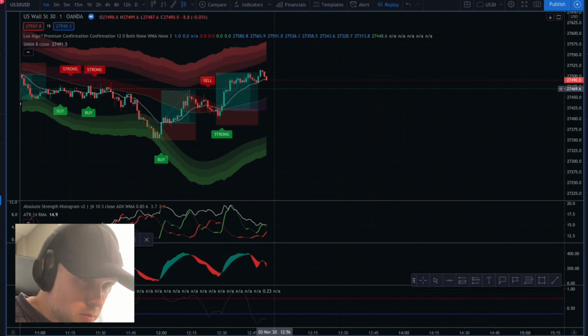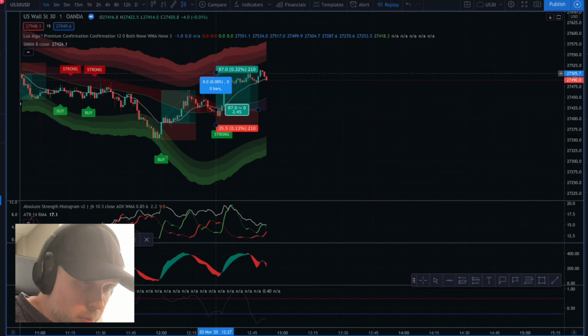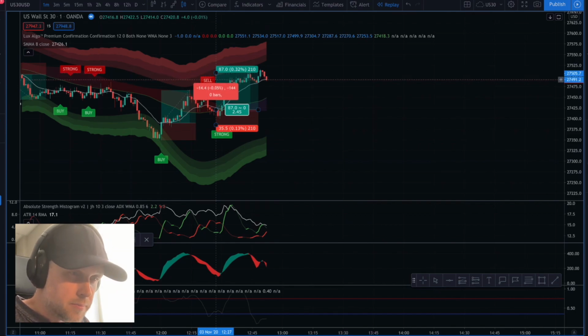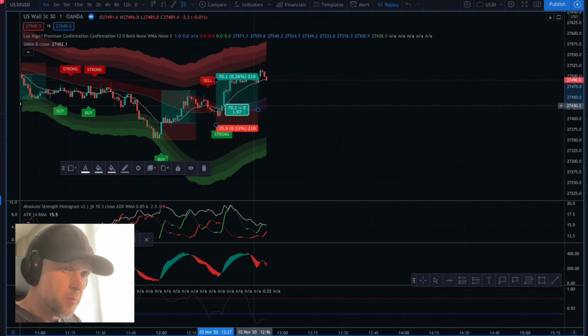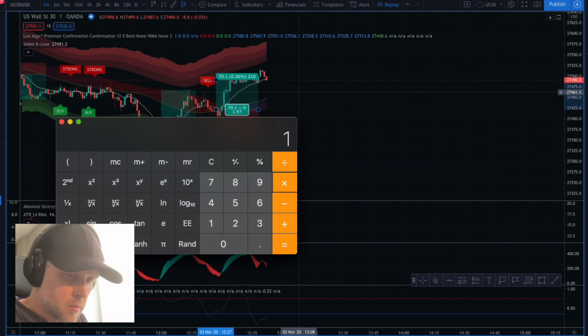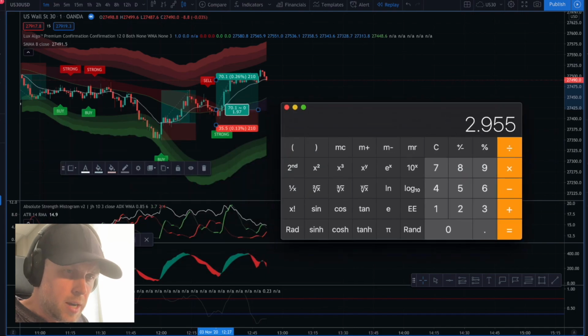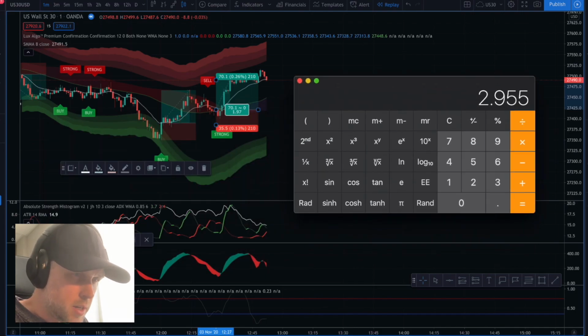So we've got 35. Nope, so that would have made it, but then I would have stopped out on there. So I'm just going to bring us down to that level, which would be 1.97. So that's a 2.955% trade.